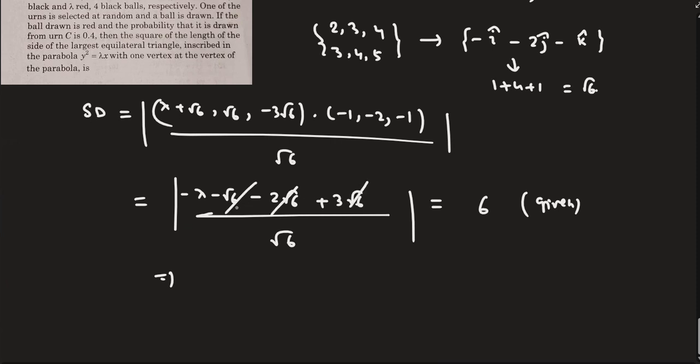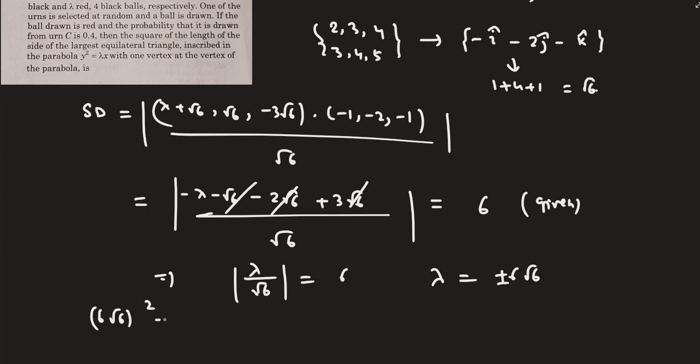So lambda by root 6 is equal to 6 only. So lambda is equal to 6 root 6 with positive and negative sign. So 6 root 6 whole square, then again minus 6 root 6 whole square. So 36 into 6, plus again 36 into 6.